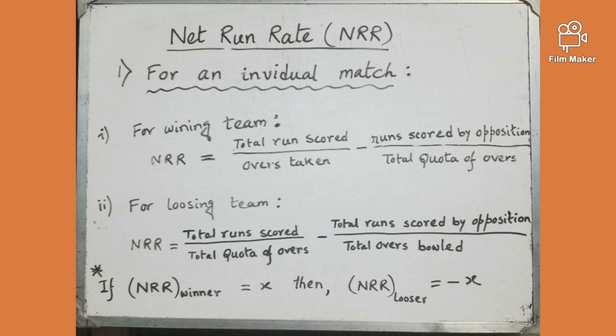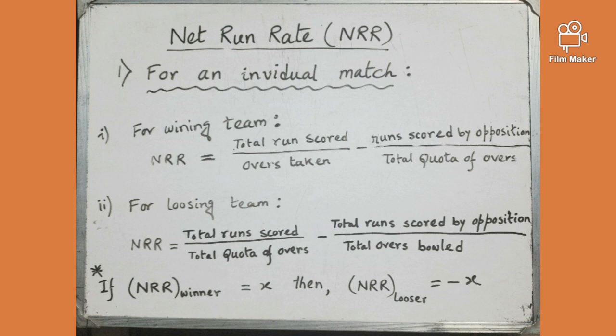The net run rate will be the total runs scored by the winning team per overs that they take for the total runs scored, minus the runs scored by the opposition in the total quota of the overs. By total quota of the overs, it means 50 overs for a one day game and 20 overs for a T20 game.